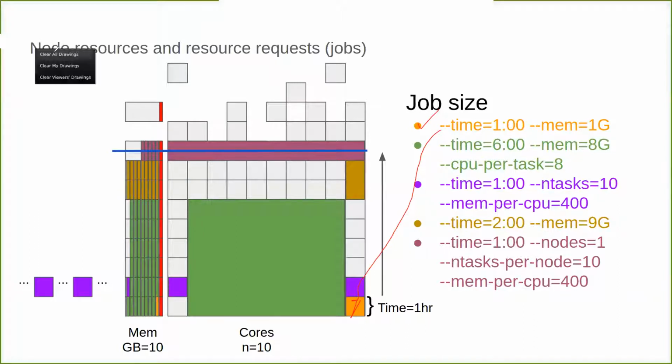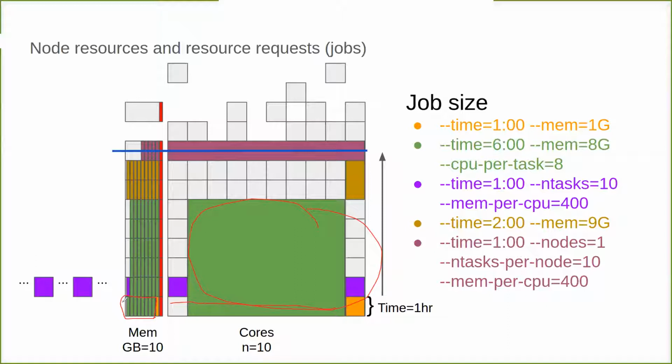And then it just goes through the rest of them. Now the second job in the queue is asking for 6 hours and 8 gigs of memory, and then 8 cores. We see that it ends up taking this big space on the system, but it is able to start right now for this period on this cycle. And then we also see that it takes up the rest of the memory on this node.